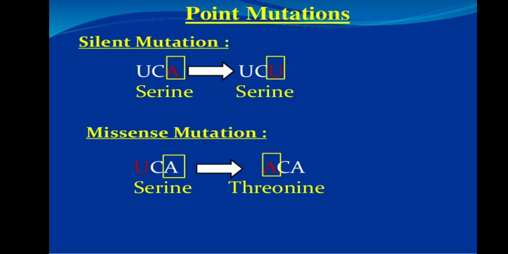The missense mutation is also a single nucleotide change mutation. But here, the serine which has the codon UCA, that A will change and become ACA. So it codes for threonine instead of serine.